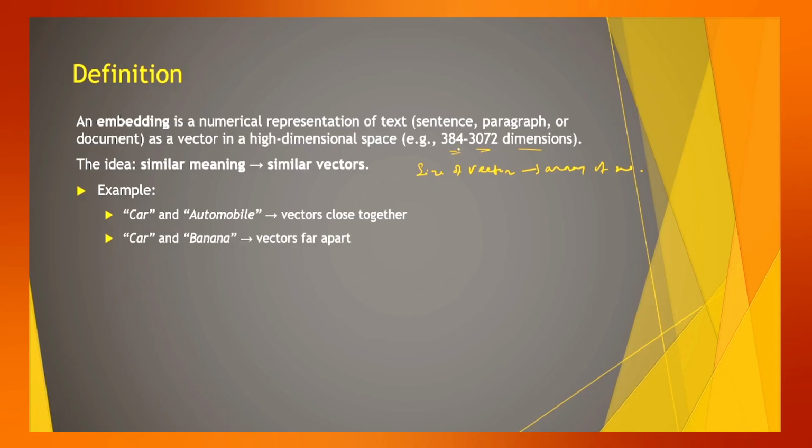Low level models give low dimension, and high level models give high dimension. Low dimension means low accuracy, and high dimension means high accuracy. Just remember. I'll give you one example of how this dimension is physically expressed.